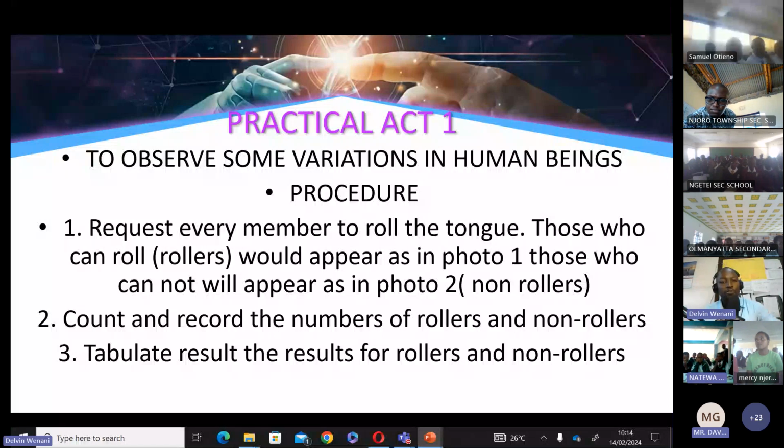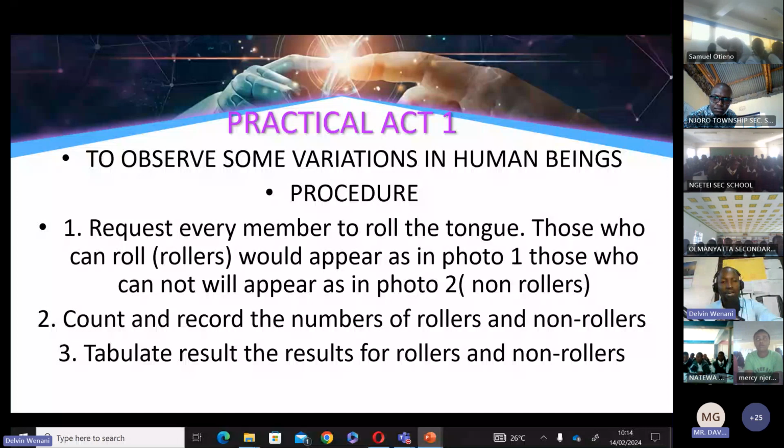Those who can roll, we shall call them the rollers, and they will appear as in photo 1, which I'm going to display. And those who cannot roll will appear in photo 2, and we shall call them the non-rollers.